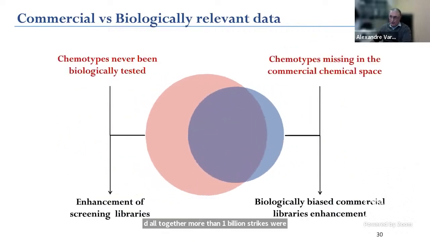And the goal was to identify the non-overlapping part of ZINC containing chemotypes never tested in biological tests, which could potentially enhance screening libraries. On the other hand, the non-overlapping part of ChEMBL containing chemotypes missing in the commercial libraries could be recommended for the enhancement of biologically biased commercial libraries.